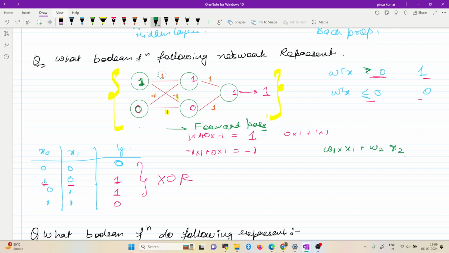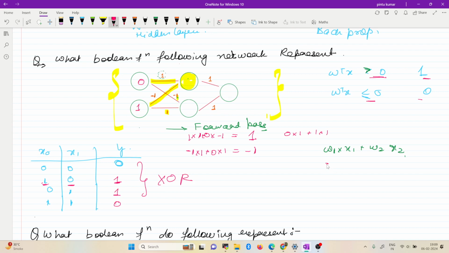I'll take a third case, and then we can see what will happen. The input to this one is right now 0 1. If you look at these branches, these two branches are going to here. So we will do W1 times x1.